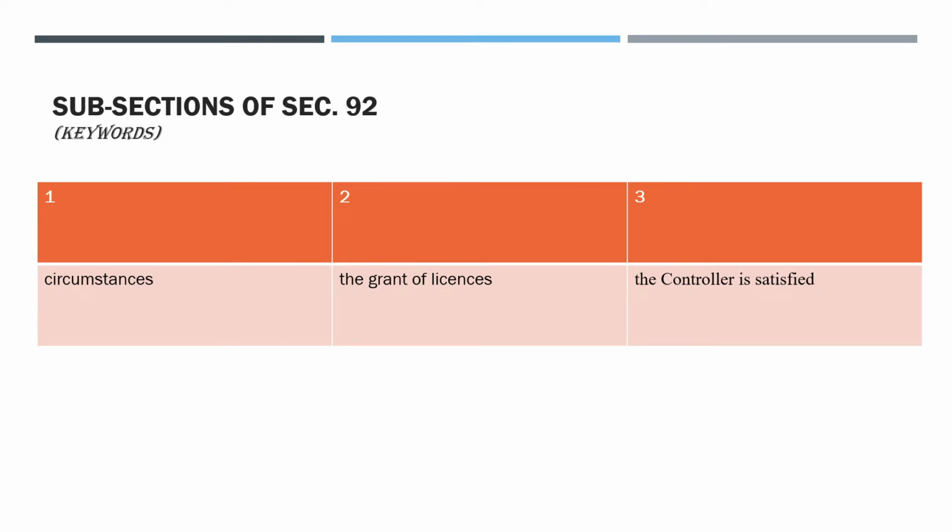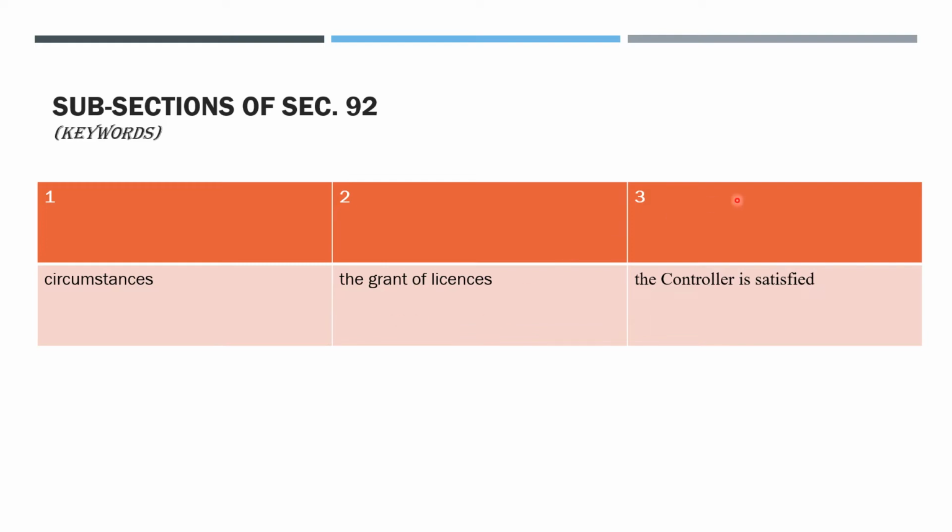Section 92 has in total 3 subsections. I have taken some keywords or key phrases as per my convenience, as per my intellect, so you can choose your own. Let me tell you about those. For subsection 1, the key term is circumstances. For subsection 2, the key phrase is the grant of licenses.